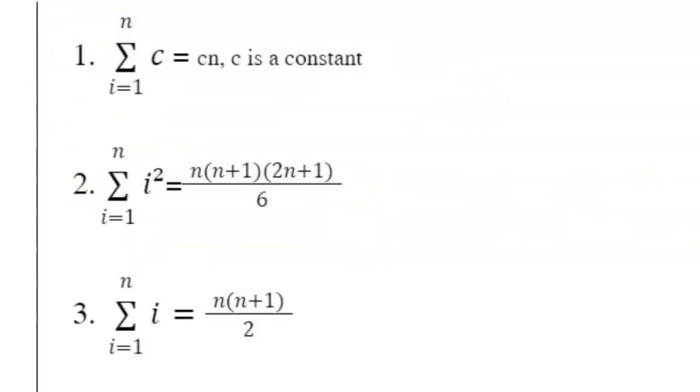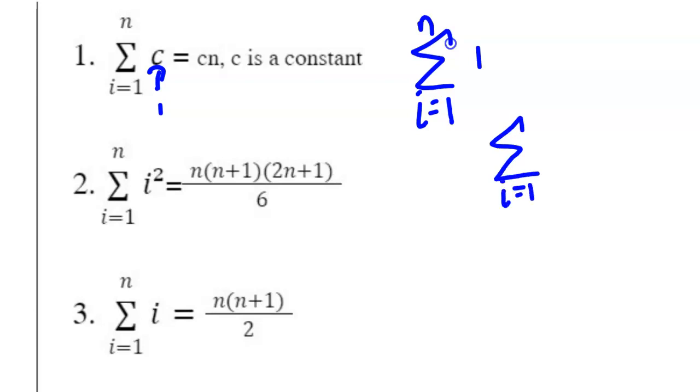So here are the formulas we're dealing with. And if you notice, this one says the summation of i equals 1 to n of 1. Well, that's the one we need, where the constant is 1. Let's say you just did it to 3: summation of i equals 1 to 3 of 1.